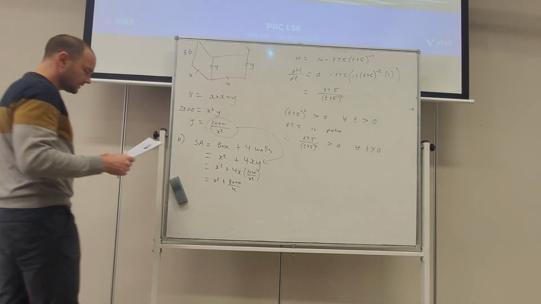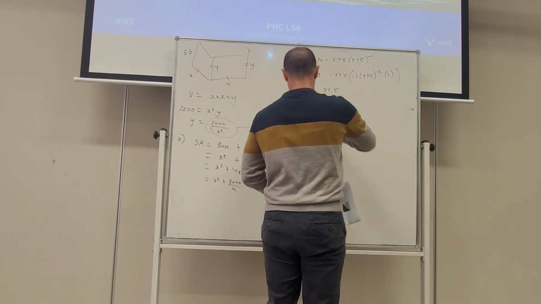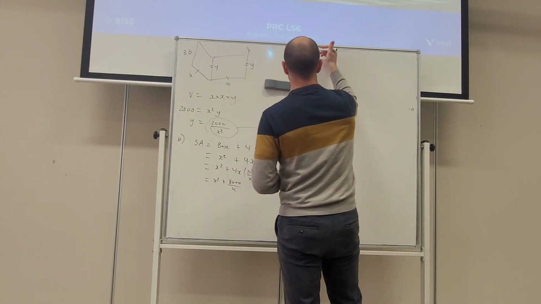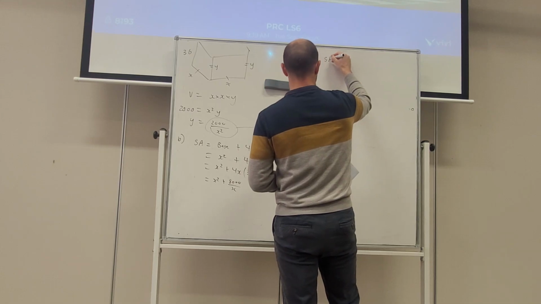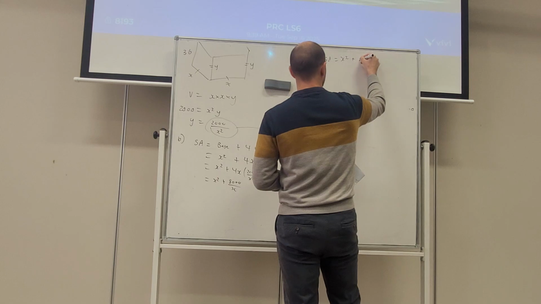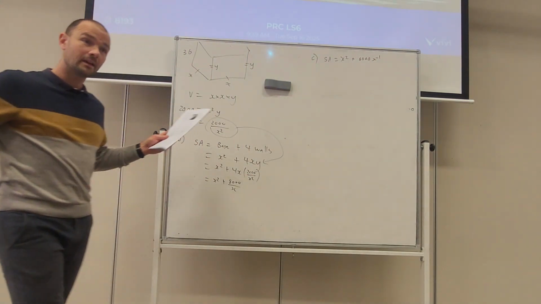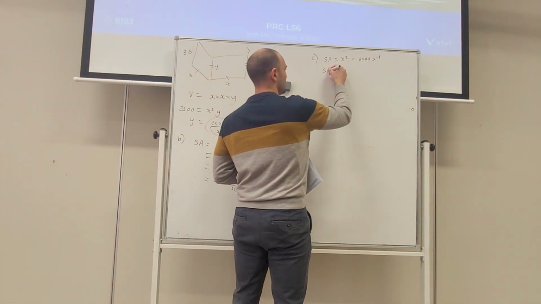Part C, find the dimensions of the box which minimize its surface area. What we would do is differentiate the surface area function. First we'll express it in a way ready for us to differentiate it, then we can differentiate it.